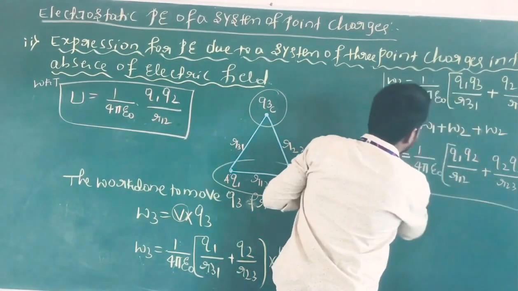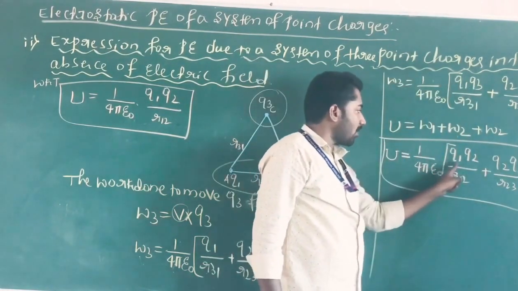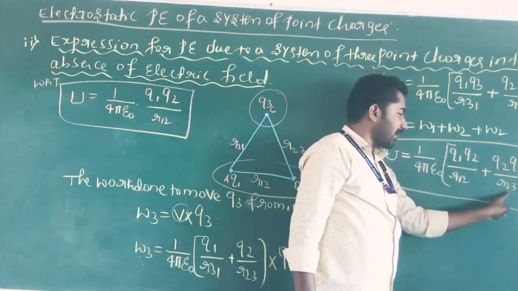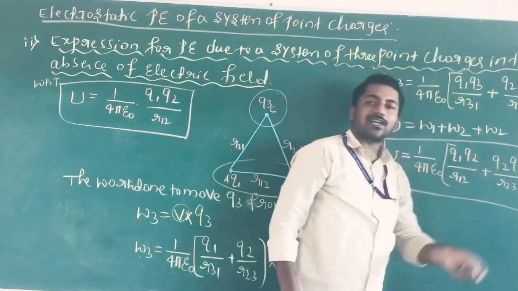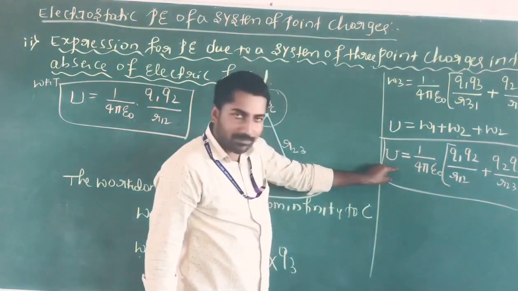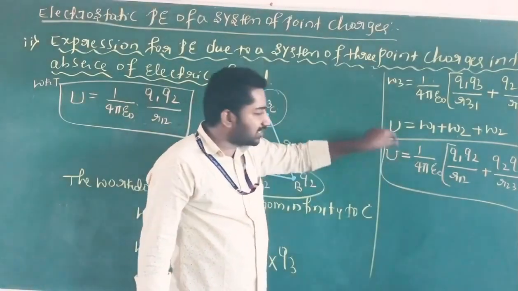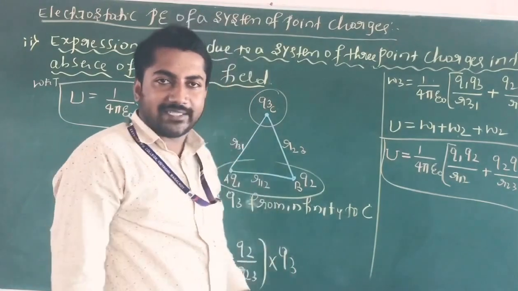Here U is equal to 1 divided by 4 pi epsilon naught, Q1 Q2 divided by R12 plus Q2 Q3 divided by R23 plus Q1 Q3 divided by R31, which is the expression for electric potential energy due to the system of 3-point charges in the absence of electric field.